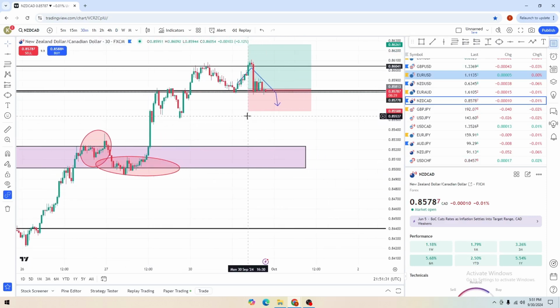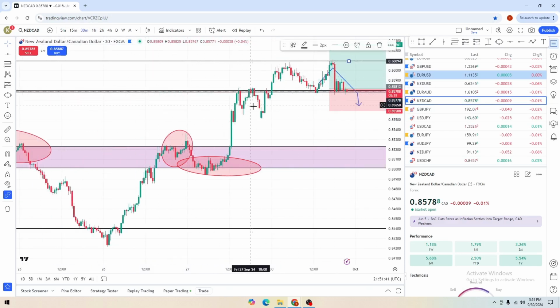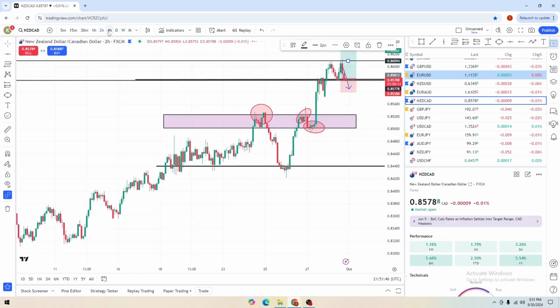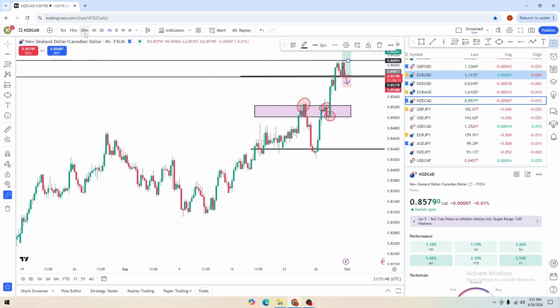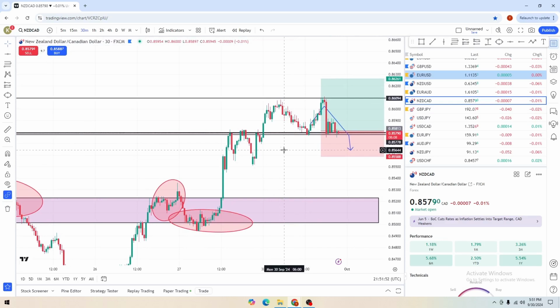For us to buy, for example, if the 30-minute time frame was heading to the downside and these 3 time frames were heading to the upside, we would have to wait for the 30-minute time frame to show a reversal. We would need a reversal pattern that is heading to the upside.